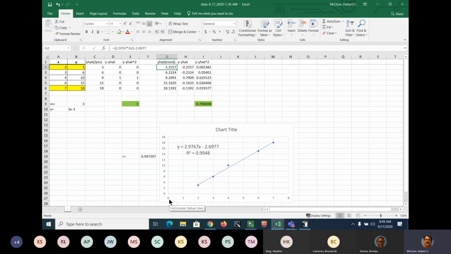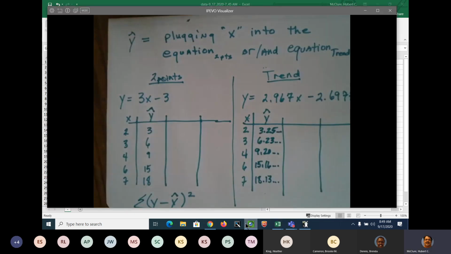And over here, 3.25, dot, dot, dot, 6.23, dot, dot, dot, 9.20, dot, dot, dot, 15.16, dot, dot, dot, and 18.13. Okay, so here is my y hat.